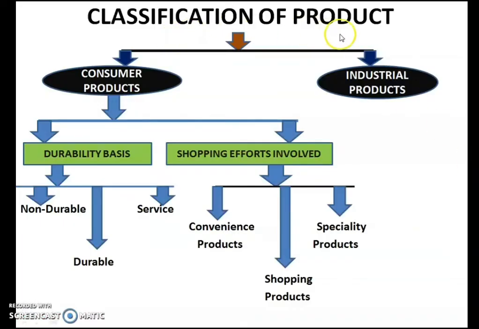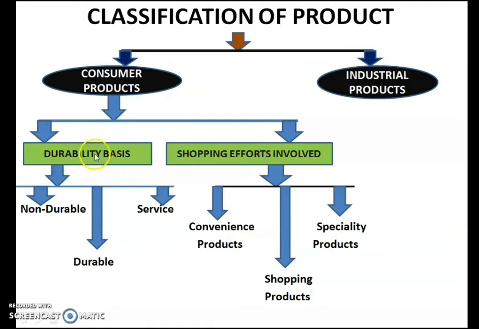Now here is the classification of a product. Product can be classified into consumer product as well as industrial product. As we are the consumers, the product which we purchase for final consumption is known as consumer product. They are again classified into 2 bases, that is durability and shopping efforts involved.